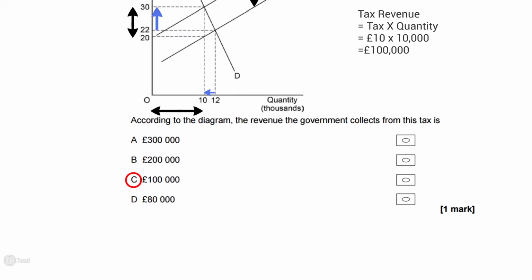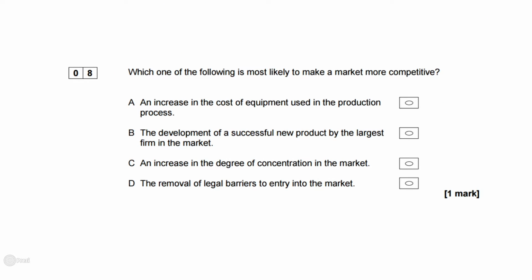Question 8 is, which one of the following is most likely to make a market more competitive? The answer to this one is D, the removal of legal barriers to entry to market. If there were legal barriers to entry, it protects the firms that are in the market already, and it stops new firms from entering into the market.